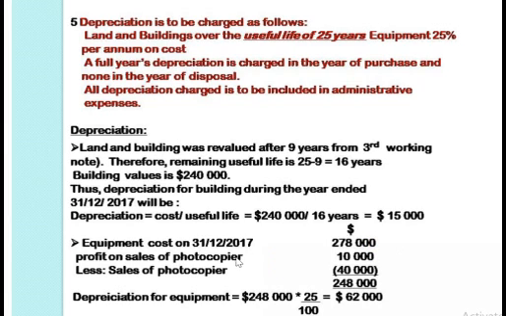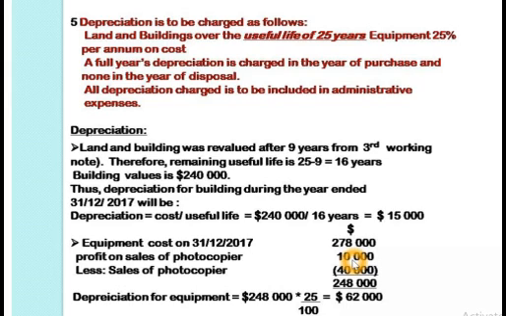To this, we are going to add the profit which we made when we sold the old photocopier machine, that was $10,000. Why we are going to add this? That means the profit which we got when we sold the photocopier, this was the profit because we have over depreciated the assets and we have completely written off the value and thought the value of the old photocopier was just zero. So we have over depreciated this, and because of which the total cost of the equipments have been understated.